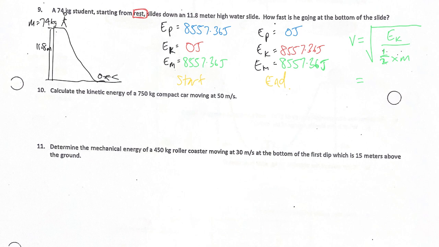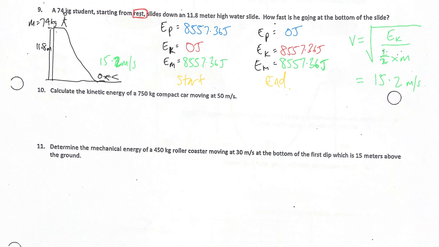And then I square root the entire thing, and it's going to be 15.2 meters per second. So that's how fast this person is going at the end, 15.2 meters per second.